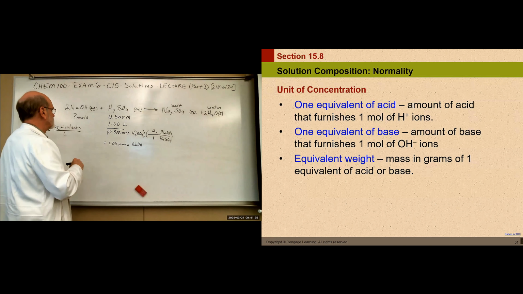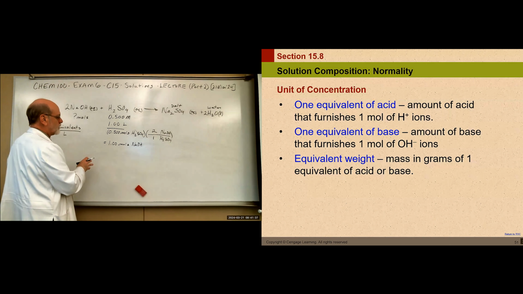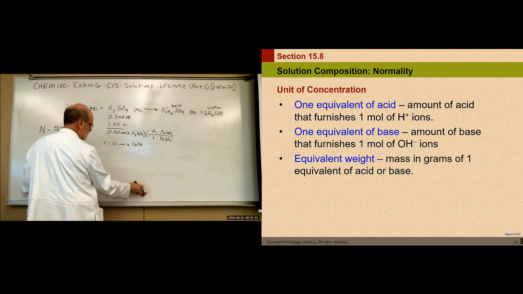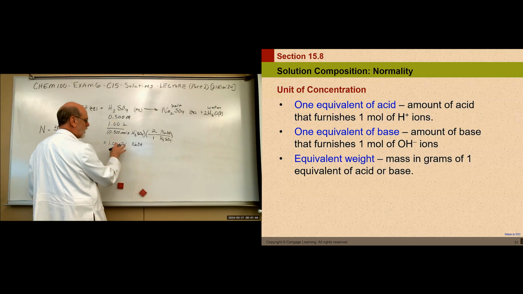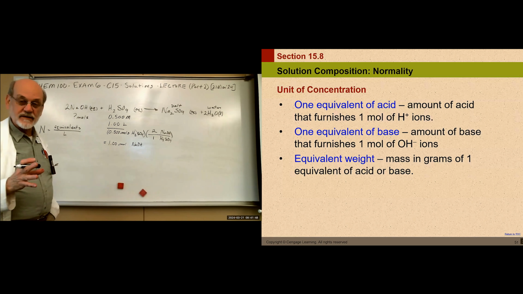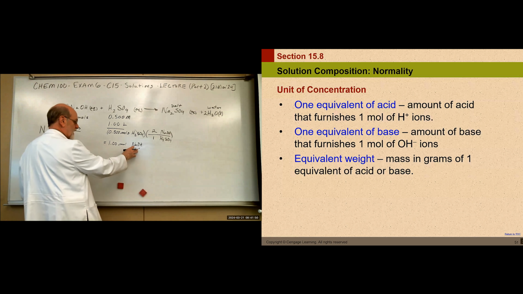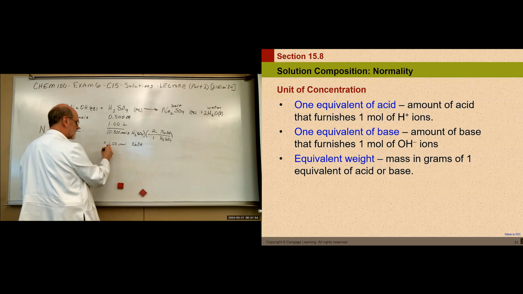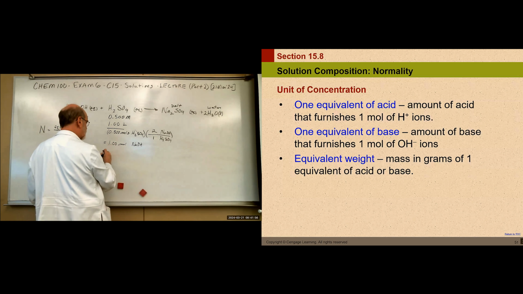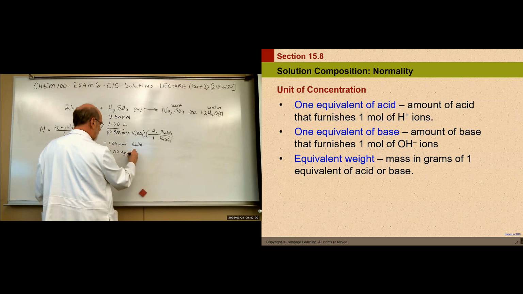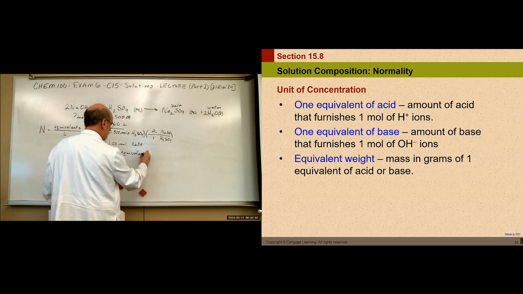So, how many equivalents, if we have 1 mole, actually, if we have 1 mole of sodium hydroxide, how many equivalents is that? Well, 1 mole of sodium hydroxide produces 1 mole of hydroxyls. So 1 mole of sodium hydroxide is 1 equivalent of sodium hydroxide.